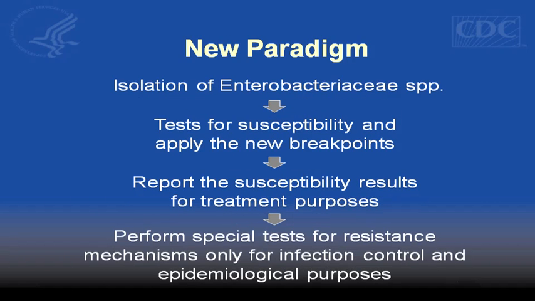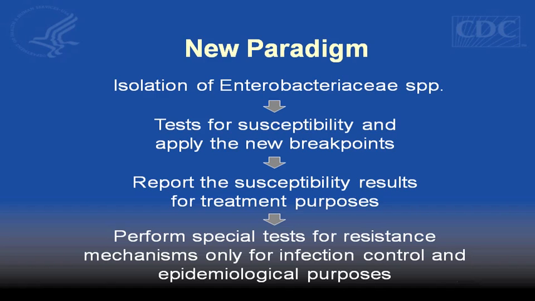So now we have this new paradigm, and it goes like this. If you isolate Enterobacteriaceae, you perform susceptibility testing and apply the new breakpoints. You report the susceptibility results without doing any additional specific tests, and these results are meant for guiding treatment. Then there is an option for performing the special test to detect the mechanism of resistance, but the purpose would be either an infection control decision or an epidemiological study.